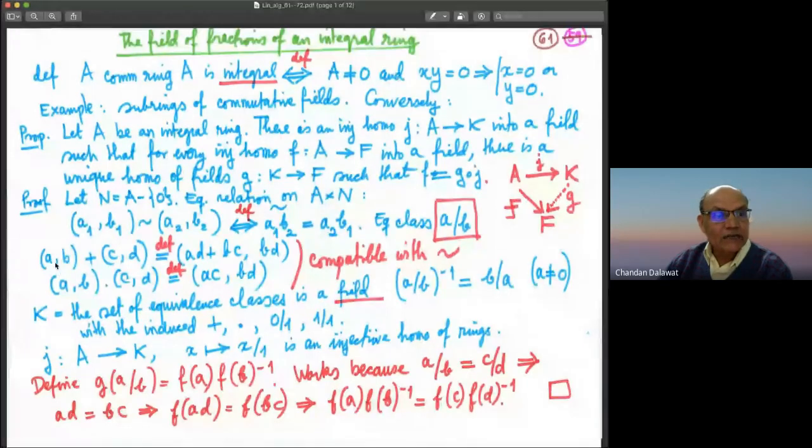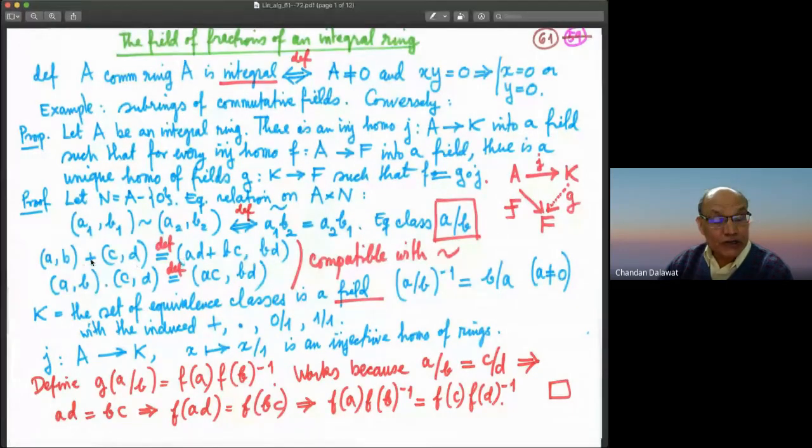It means that if I replace A/B by some pair which is equivalent to it, say A prime, B prime, and I also replace C/D by some pair C prime, D prime, which is equivalent to C/D, then here I'll get (A prime D prime plus B prime C prime)/B prime D prime. The claim is that that new expression is going to be equivalent to (AD plus BC)/BD.